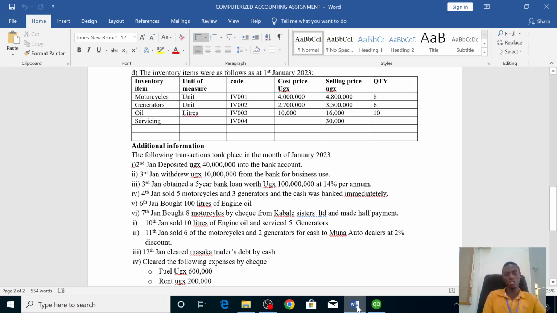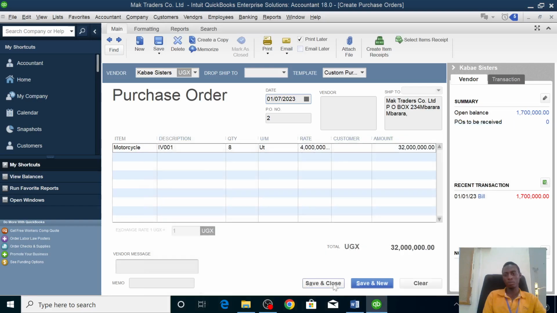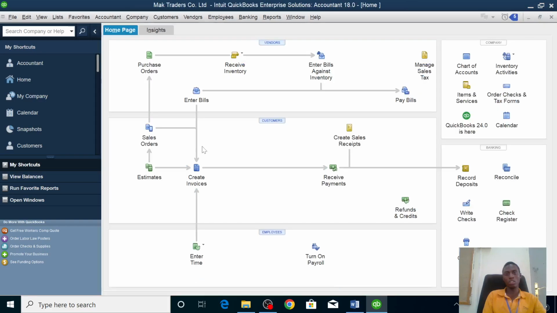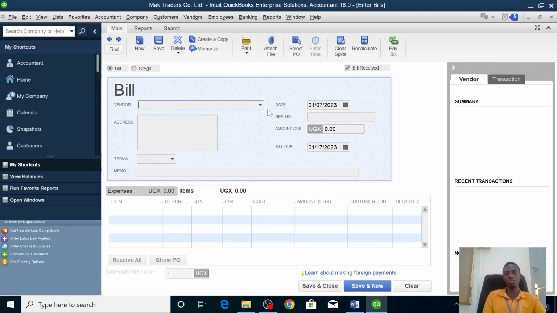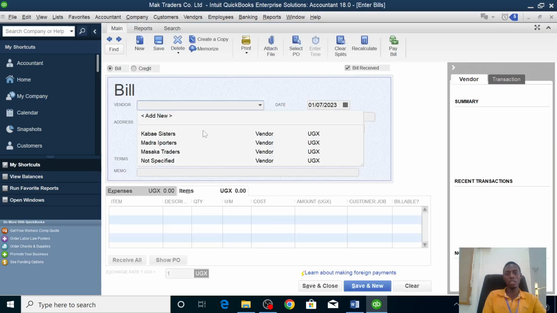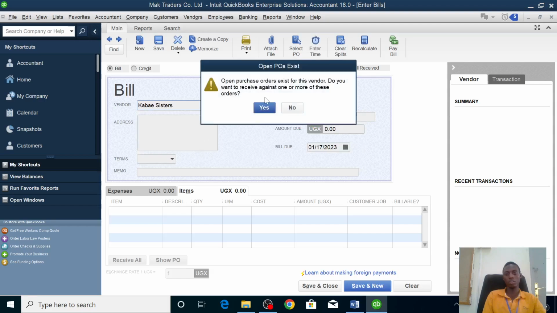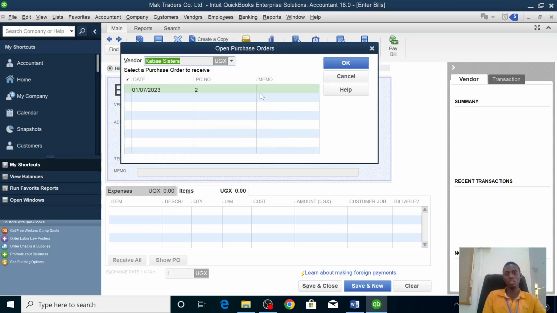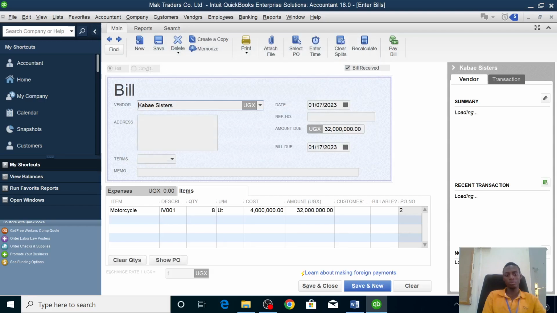The date is on 7th. Then I can save and close. Come here and receive my inventory with a bill. From which vendor? From Covered Sisters. I say yes. Clear and okay. I've received now. I save and close.